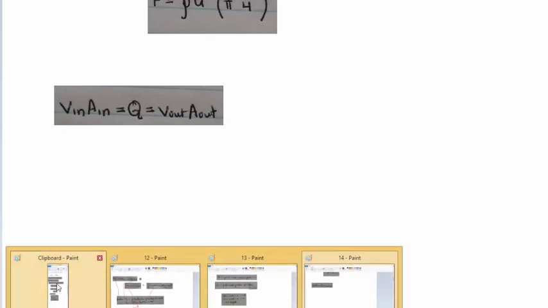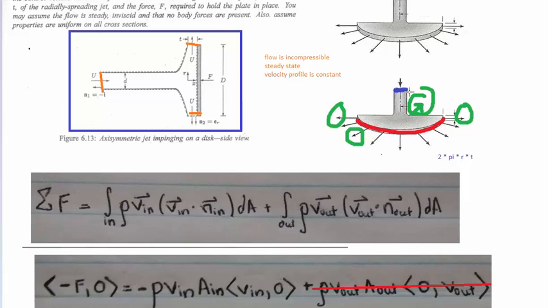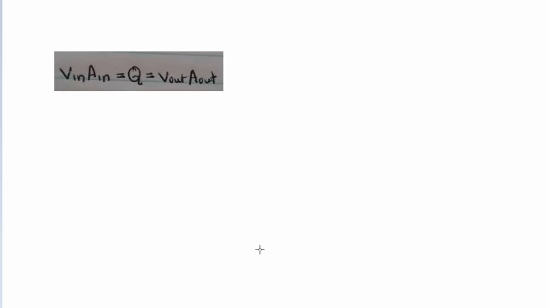So V in A in equals V out A out. And this time, we're going to look at the geometry in 3D. So we're going to go back to this picture. We're going to say, okay, that has to be 2 pi r times thickness. And that gets us this.